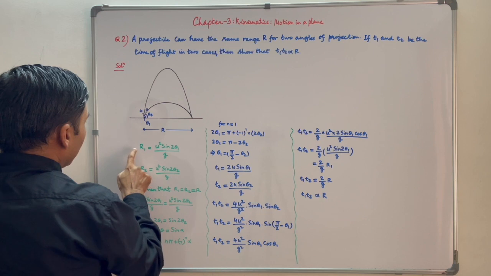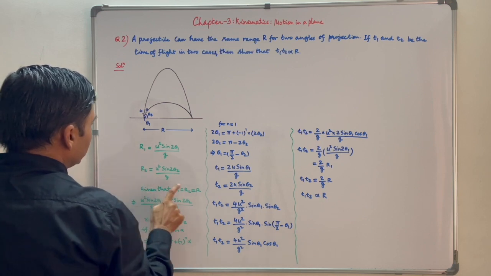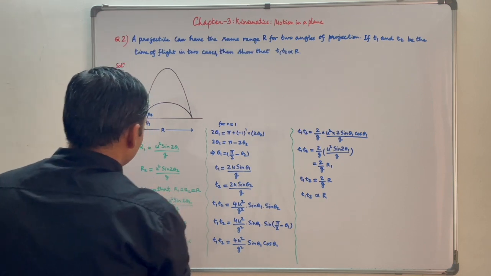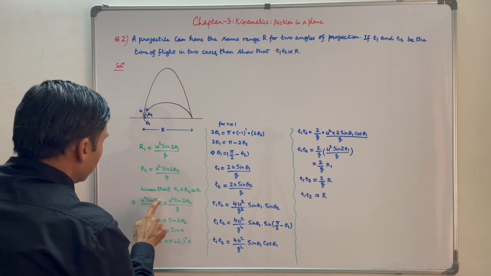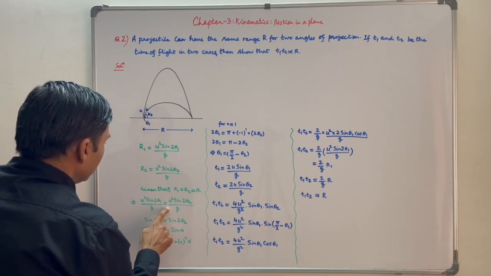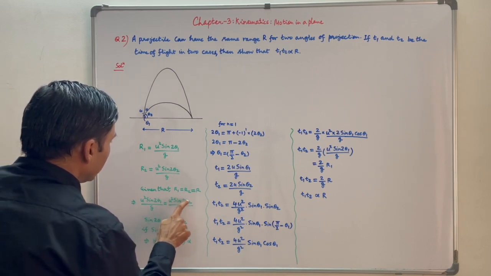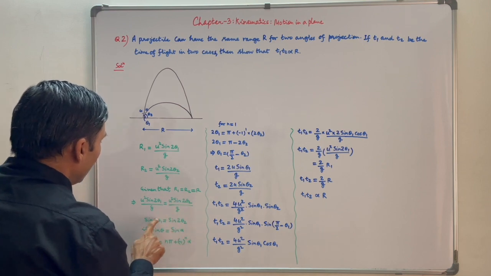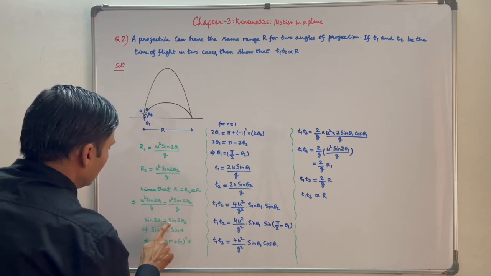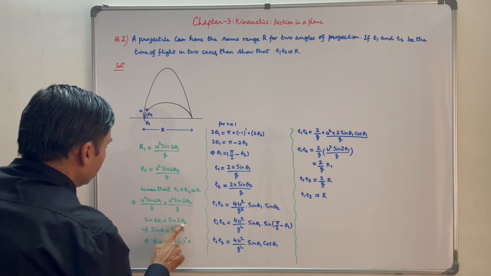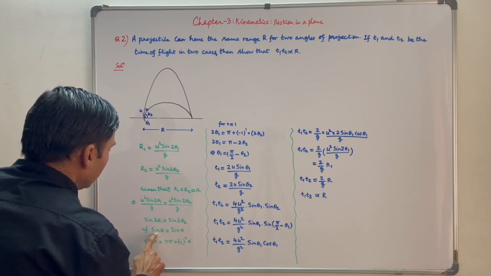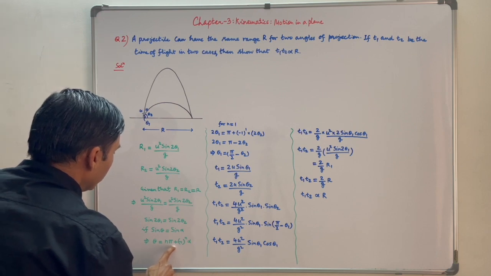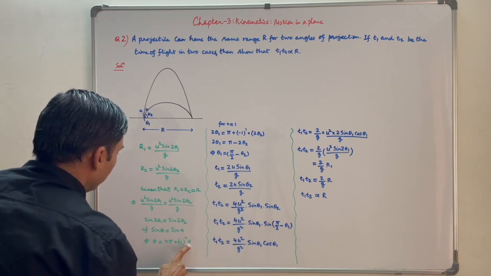It is given that R1 is equal to R2 is equal to R, or u square into sine 2 theta 1 upon g is equal to u square into sine 2 theta 2 upon g, or sine 2 theta 1 is equal to sine 2 theta 2. General solution for sine theta is equal to sine alpha is theta is equal to n pi plus minus 1 to power n alpha.